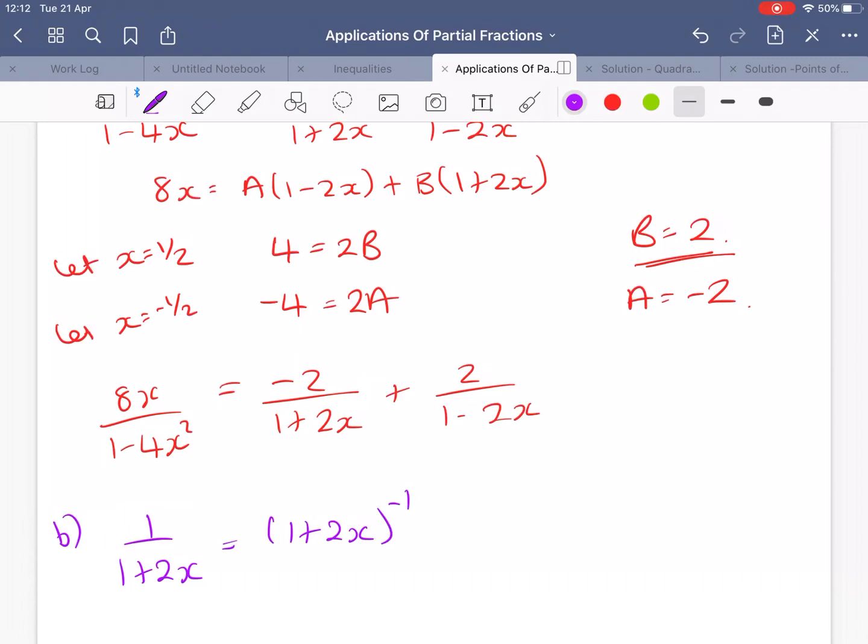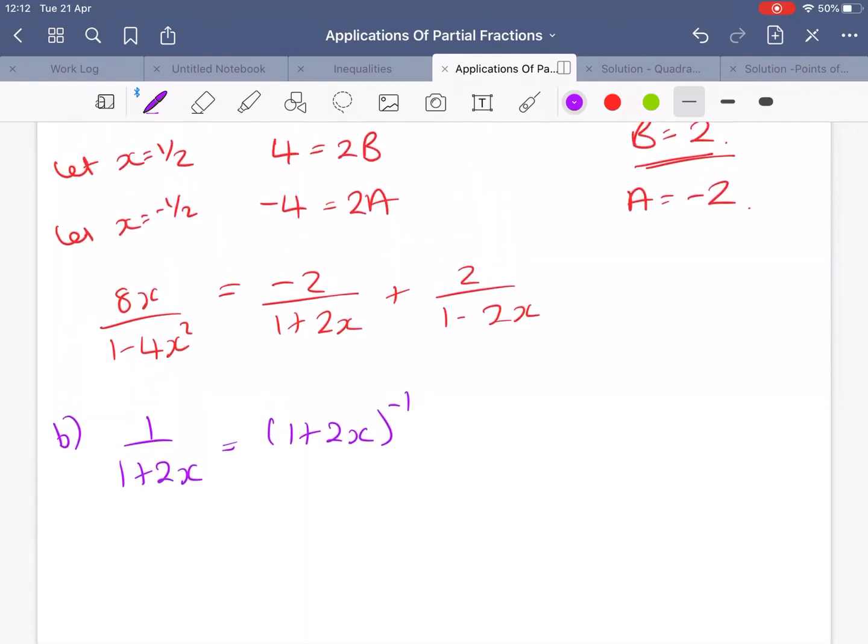So if we think about that, that means it's to the power of minus 1. And going to our binomial expansion, first term is always 1 plus n, which is minus 1, times x. But our x in this case is the 2x. So I'll just annotate this. So remember that's the n and that is the x.